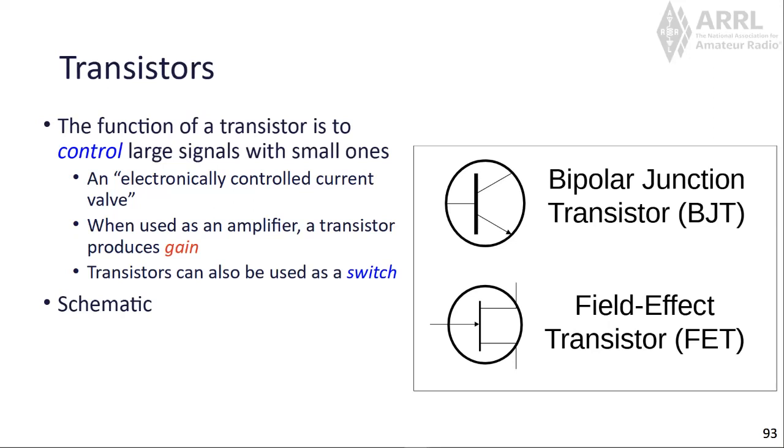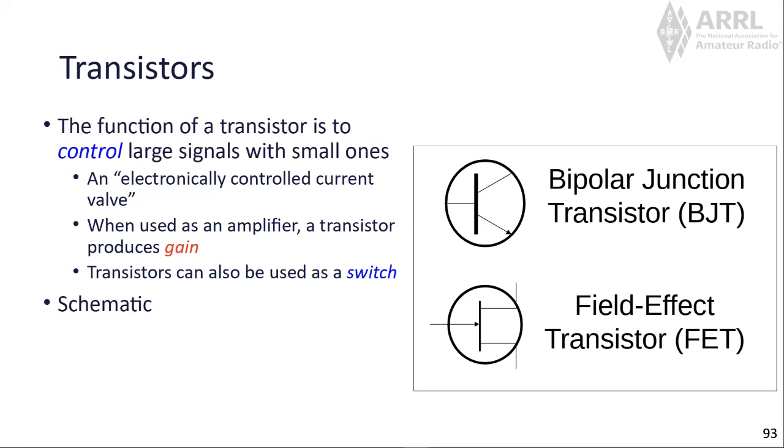On the field effect transistor, the incoming signal on the left is called the gate, and then you have the drain and the source, which would be the top right and the lower right. The presence of a voltage field will control the current flow in a field effect transistor.